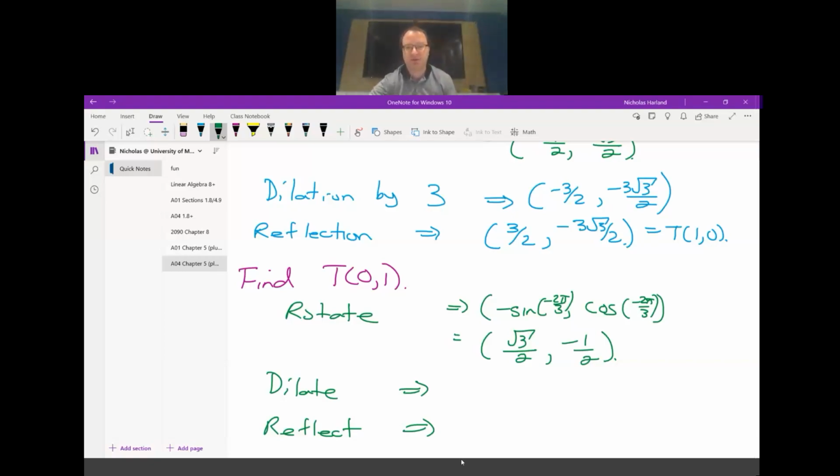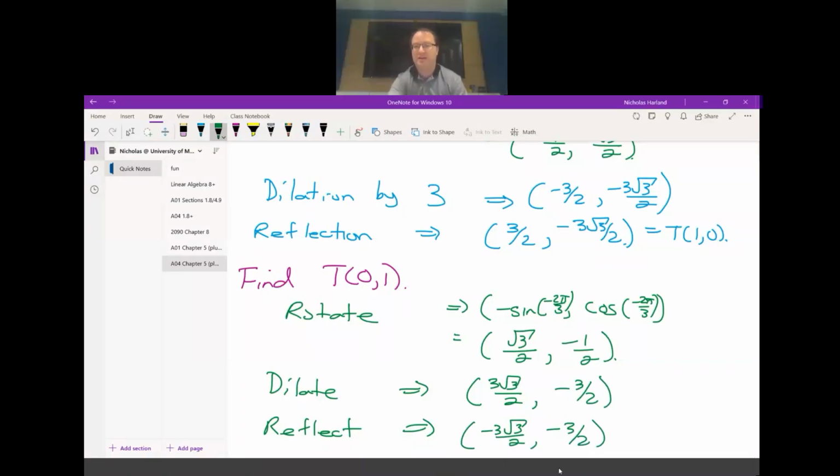Dilation, as it was before, multiplies through by 3. Reflection, as it did before, made the x negative. In this case it started positive and became negative, so there's our T of (0, 1).